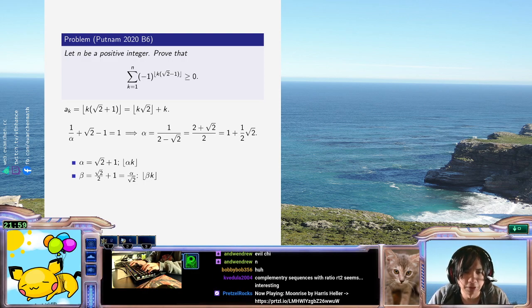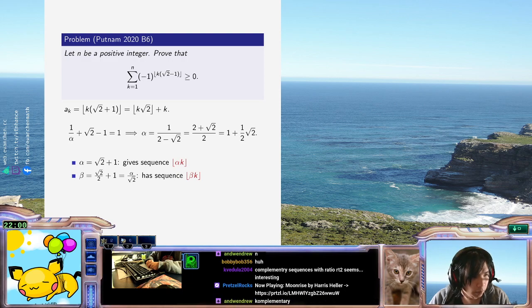Yeah, I agree. It's very interesting to me that these sequences have a ratio 1 over root 2. I don't know what to do with that though.